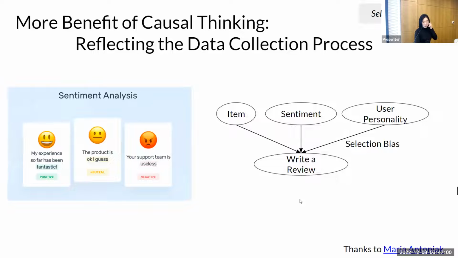The other example is another selection bias we might see, which is in sentiment analysis data. Let's say normally we expect each item to have a certain distribution of being good or bad, positive or negative sentiment. However, for user psychology, at least for me, I would be more likely to post a comment if I have a serious complaint.